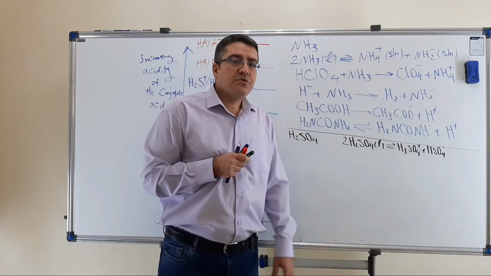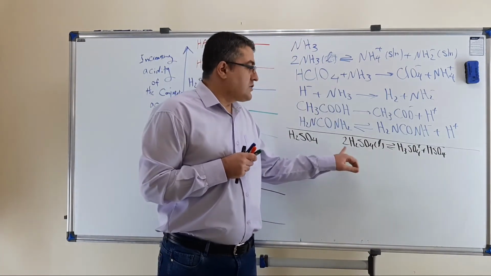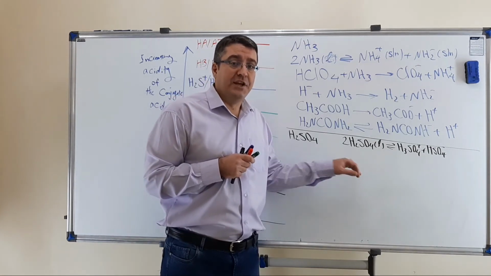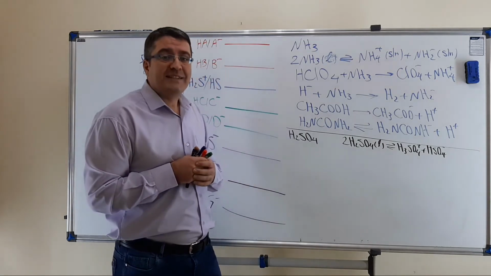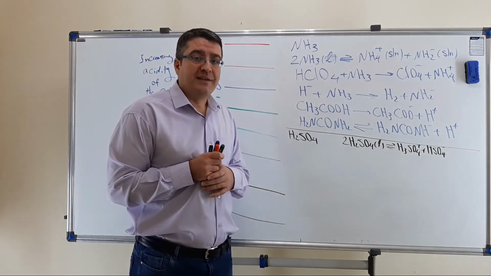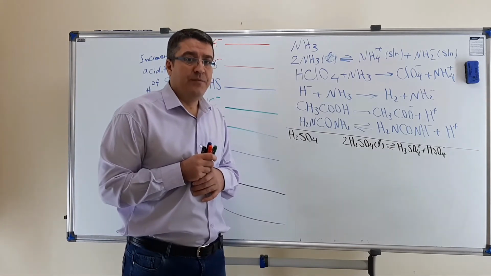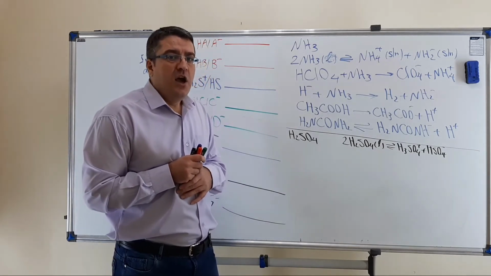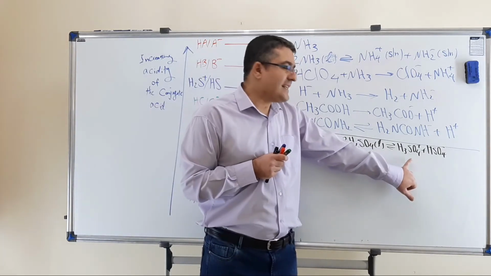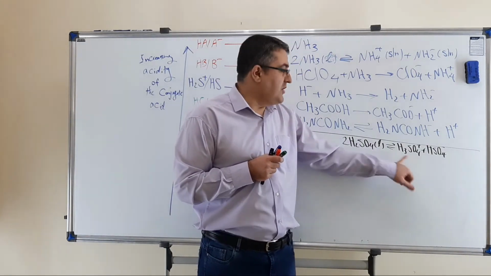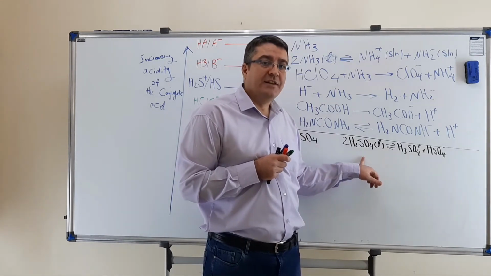In comparison to water, sulfuric acid is much more acidic. The Brønsted acidity of sulfuric acid is much greater than that of water. In fact, it is hard to find acids stronger than the conjugate acid of sulfuric acid.